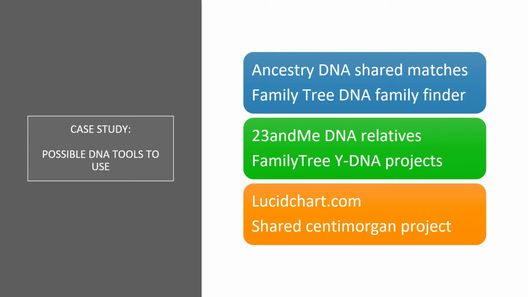My client had his DNA on AncestryDNA, Family Tree DNA, and 23andMe, as well as the Family Tree DNA Y-DNA project. So I felt like this gave me good coverage of his DNA on different websites so I could pick up a lot of different matches. And I had some good matches to work with, as I had shown you previously. And so I felt like this was enough to work with to actually make good progress on this case.